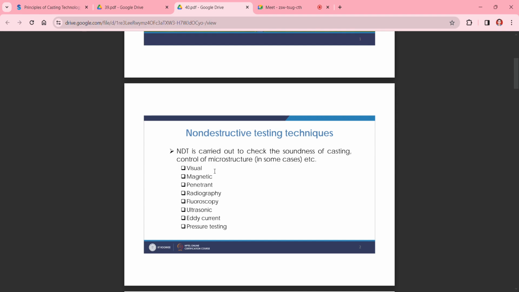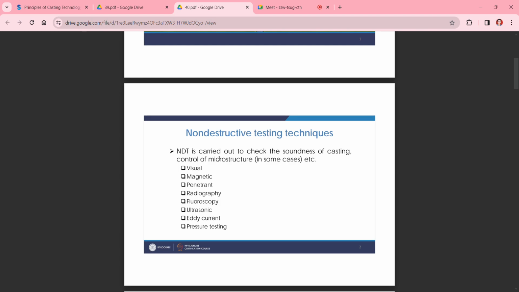You can check that a blowhole has been created on your casting surface, or a misrun defect has come. After visual inspection, you can provide remedies to create a sound casting by fettling, grinding, or welding techniques.